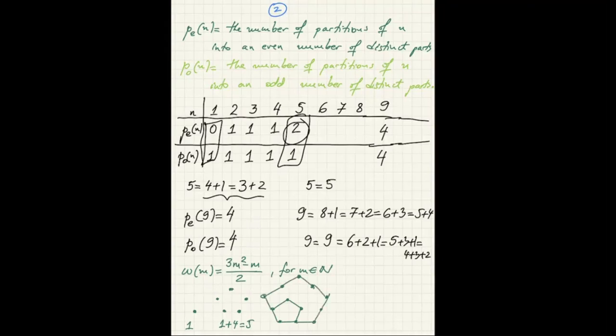In that case, we had 1 plus 4 from before, and we add another 7, and we get 12, and so on. The next one after this will be 1 plus 4 plus 7 plus 10, which is 22, and so on.